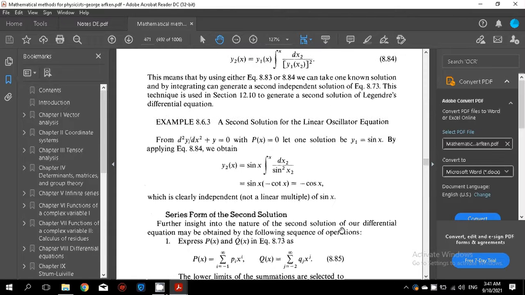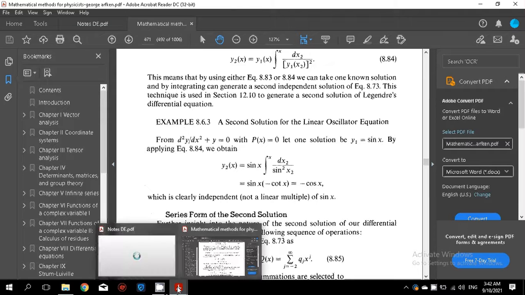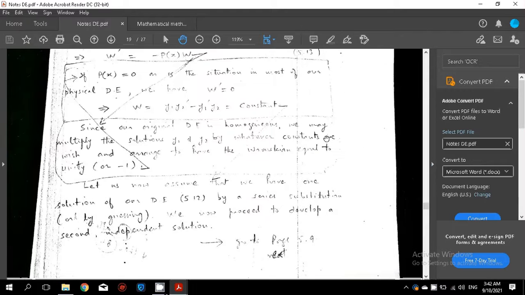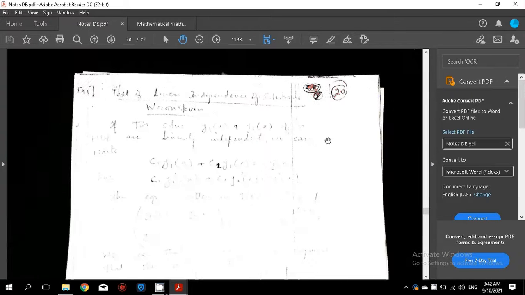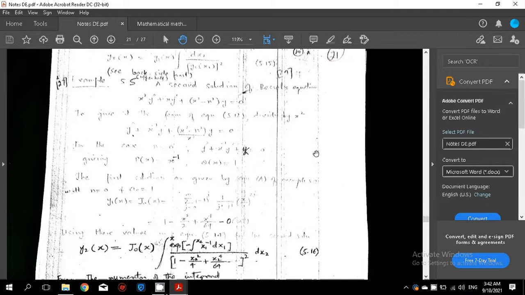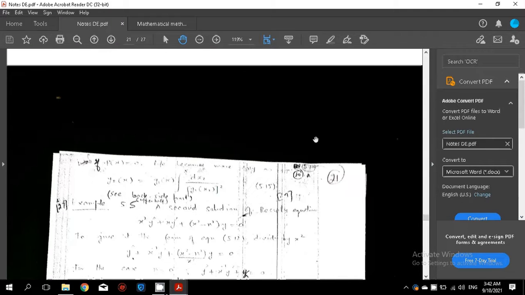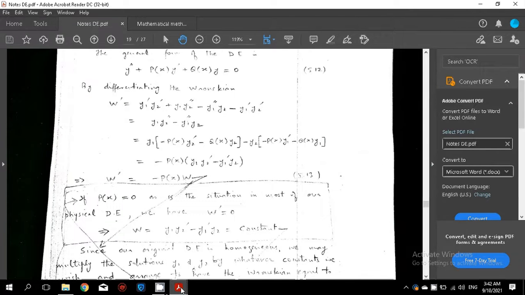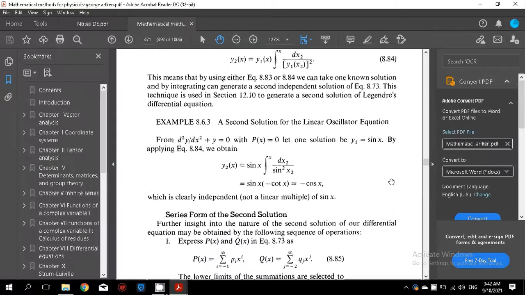As an example, let us apply this formula to the case of the harmonic oscillator as we did here. Let me go back to the book. Here is the application of the second solution.